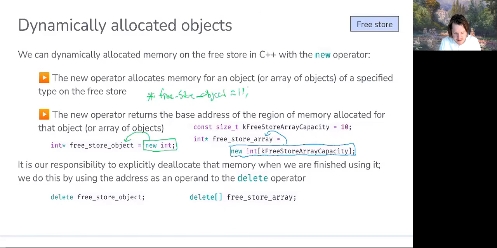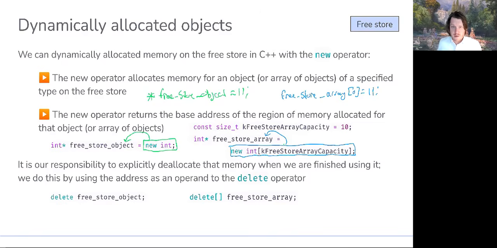If we wanted to access the 0th index of our free store array and assign it the value of 7, we could use subscripting to do that. In both cases, we're indirectly accessing these free store objects through pointers. To get to them, we essentially dereference their address, which is stored in one of these pointer objects, which gets us to that object residing in the free store.